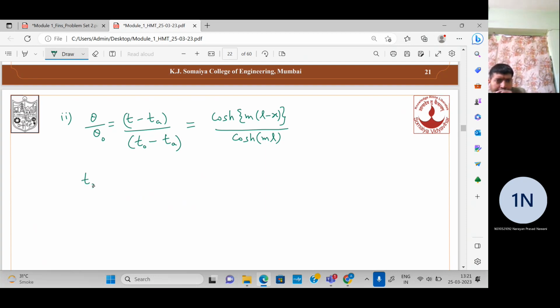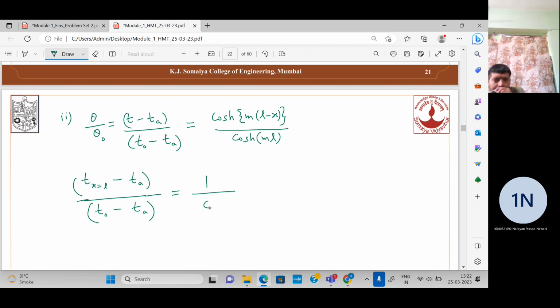So T at x is equal to L minus TA divided by T naught minus TA is equal to, now x is equal to L. So L minus L is 0. So cosh 0 is 1.